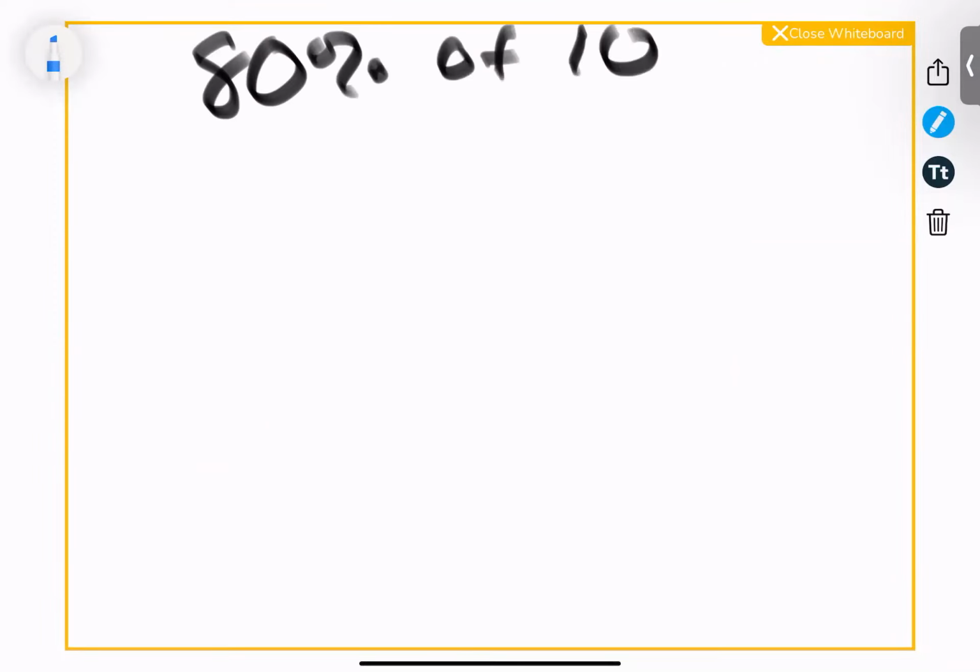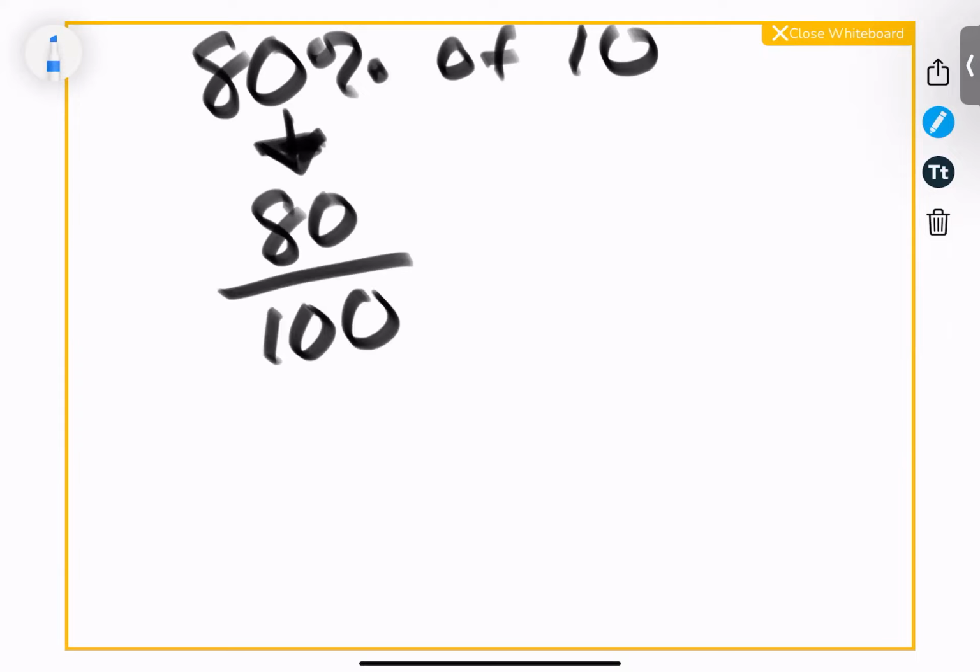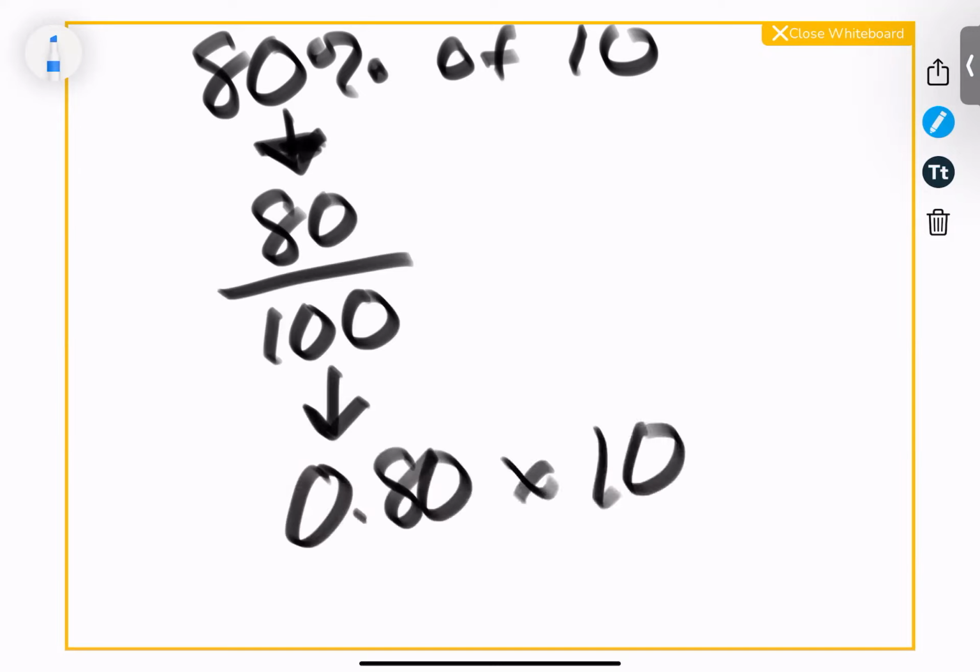of 10. 80%, 80 hundredths of 10. Again, 80%, that's more than half. So I know from the start that my answer is going to be more than 5, right? At the very least, my answer is going to be more than 5 because it's over 50%.